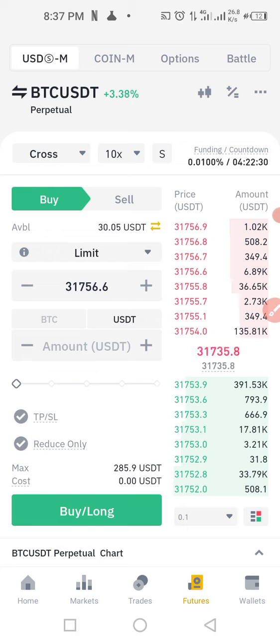So now you need to know that futures trading is high risk trading that can liquidate you at any point if you don't know what you are doing. And at the same time, futures trading can give you a high profit in a given time if you know what you are doing.